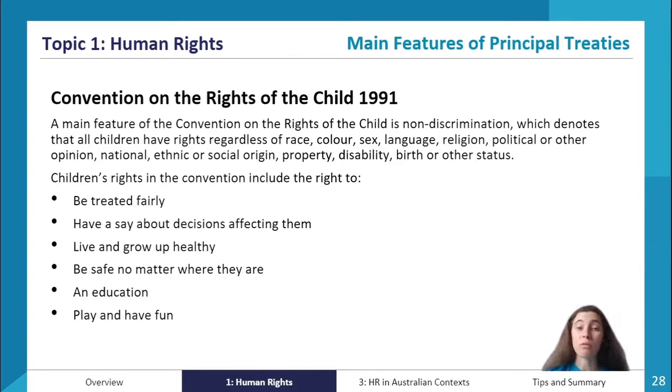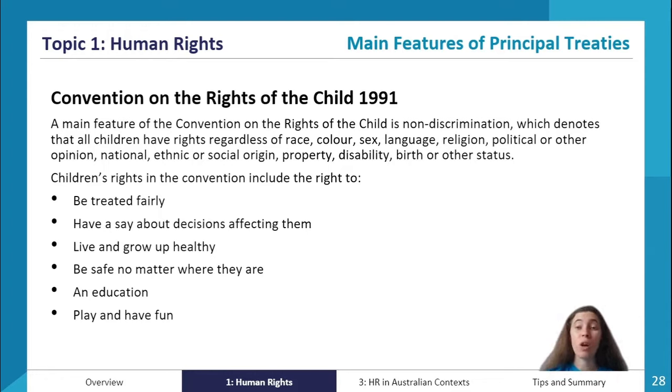So, regardless of race, color, sex, language, religion, political or other opinion, national, ethnic, or social origin, property, disability, birth, or other status. So there's heaps of different things that make each child unique, and none of them should be held against children.